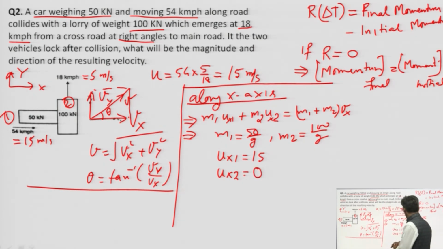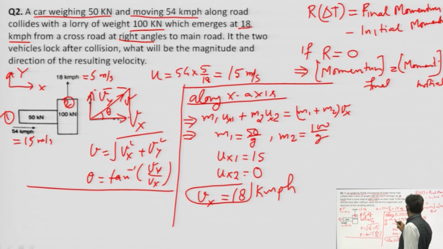So from here, can we calculate the value of V x? Yes, we can calculate, because m1, m2, u x1, u x2 are known to us. After calculating you will get it in kilometer per hour. There is no need to change the units, because they are going to cancel out.